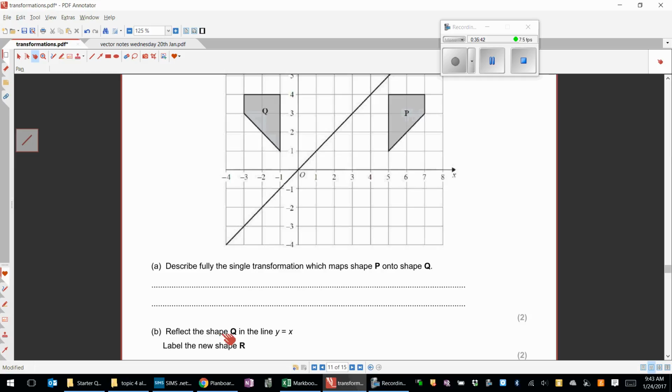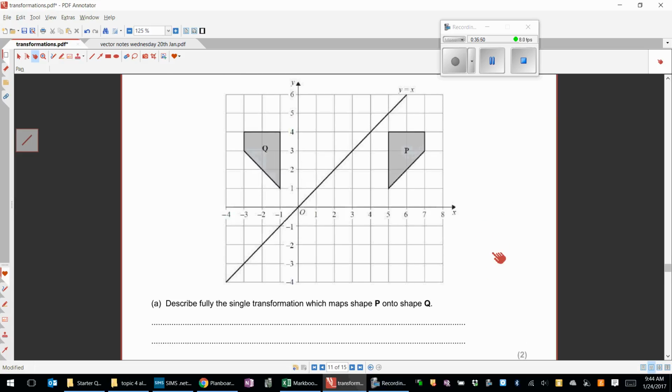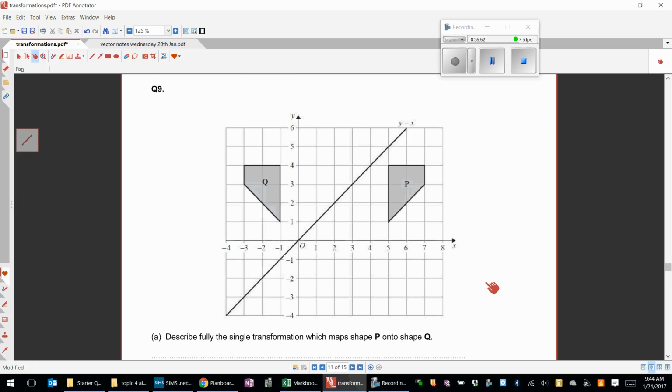Reflect shape Q in the line y equals x. So you'll notice this time that the mirror line is diagonal, and this really messes people up. So again, you've got your mirror. Use it. See where it ends up, because it might surprise you where it ends up.